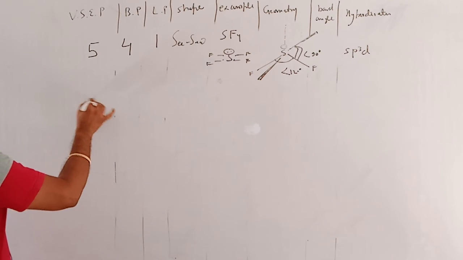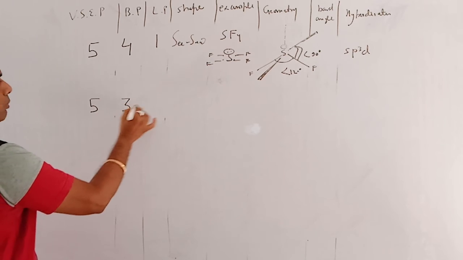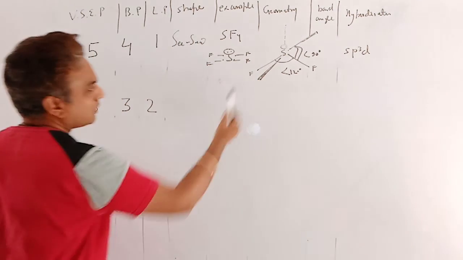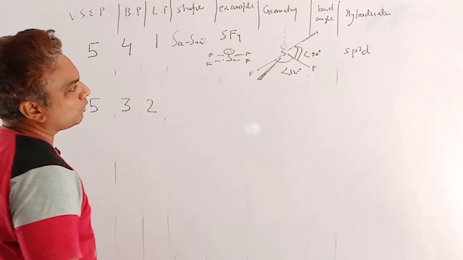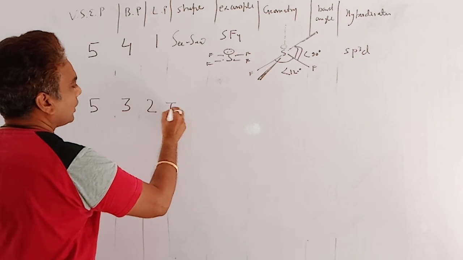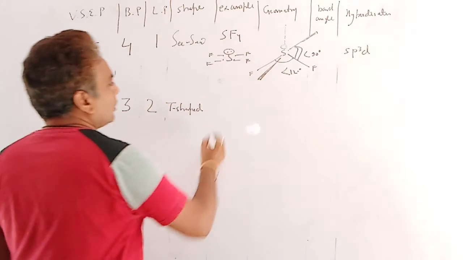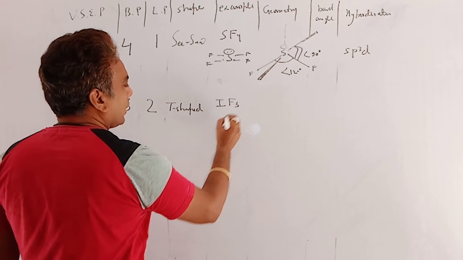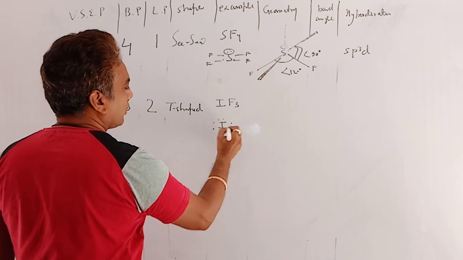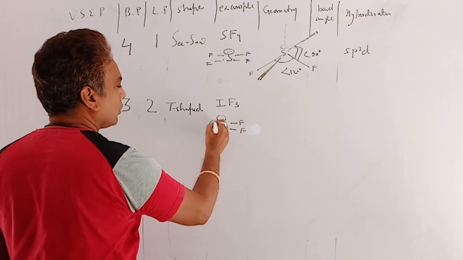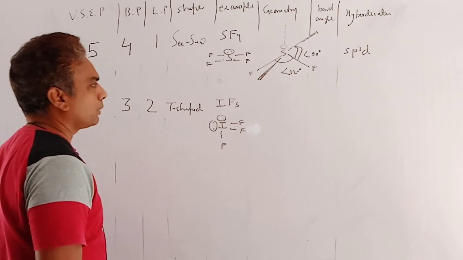Next, if we have 5 VSEP, 3 are bond pair, 2 act as lone pair, one more trigonal site is replaced by lone pair, so geometry will be distorted, T-shaped molecule. Example is IF3. Iodine contains 7 electrons in the outer shell, in which 3 are shared with fluorine, so 2 act as lone pair and 3 are bond pair.